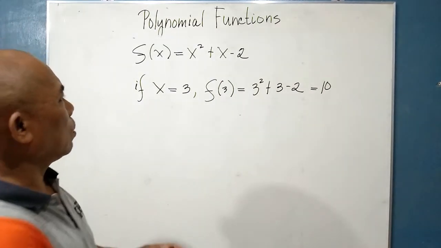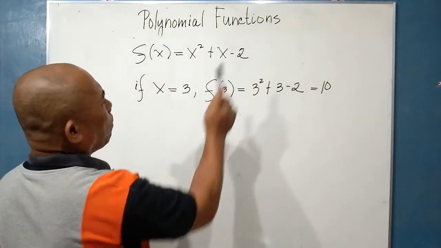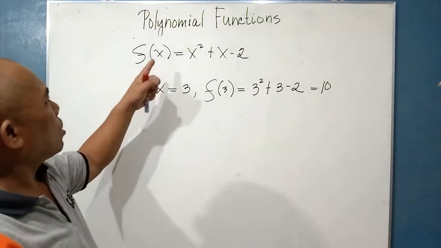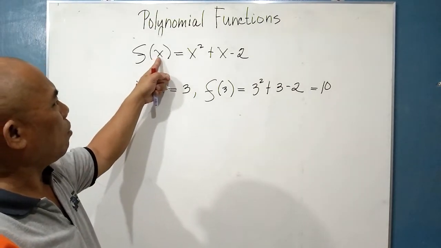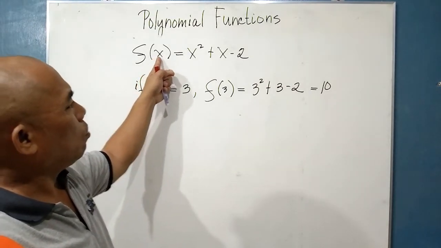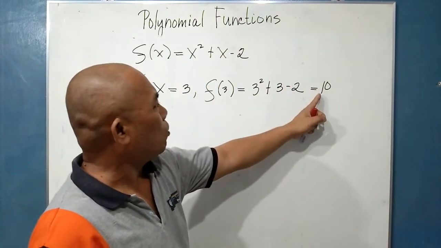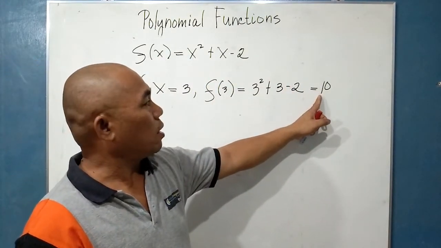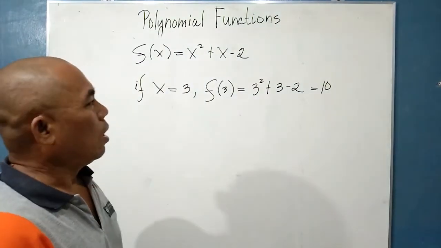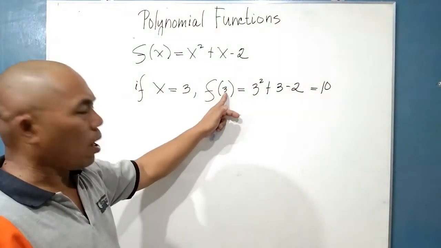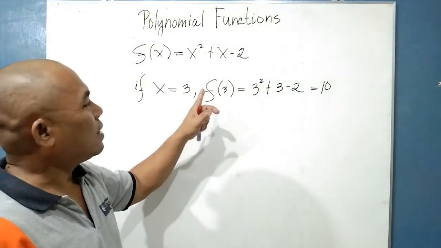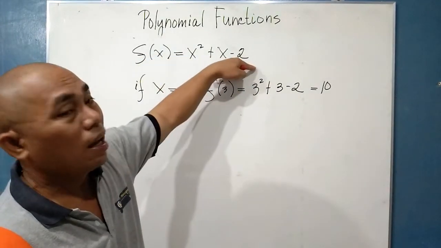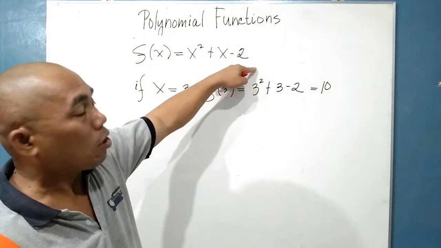So, buti pa sabot, ani nga polynomial function, kung si x pulian nato sa 3, adunay mogawas nga value which is 10. And that means si 3 dili siya 0 ani nga quadratic function.